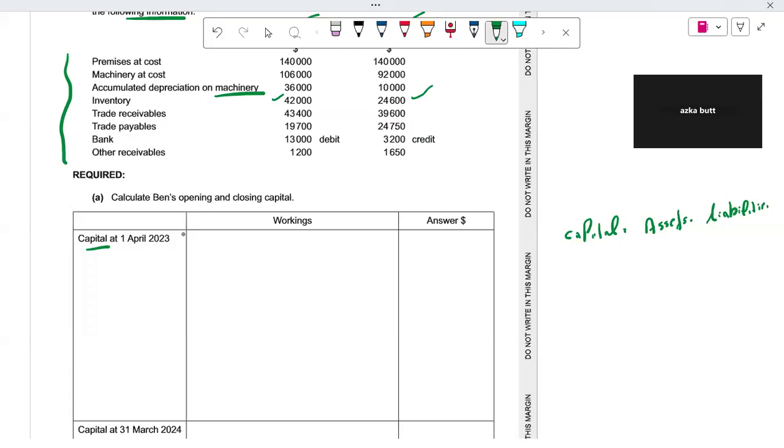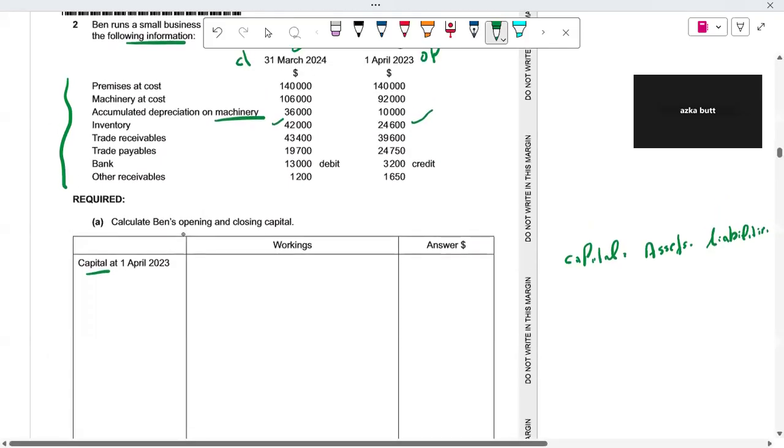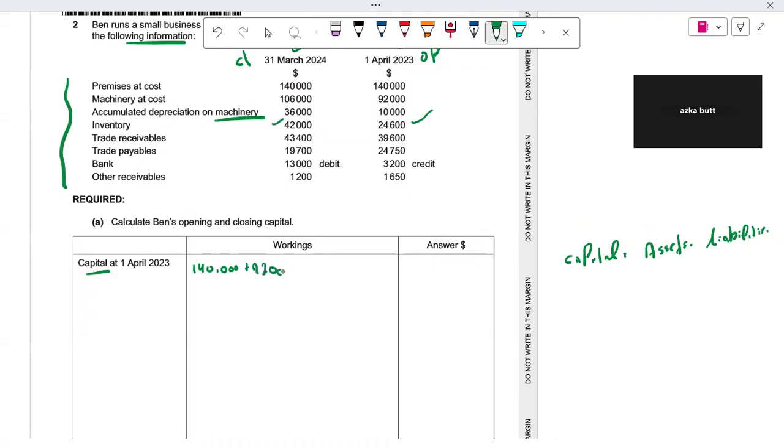Now let's find out the capital for the opening year. So for the opening year, we have the assets: premises at cost, which is 140,000, 92,000 machinery at cost, and its depreciation, we need to deduct it so that we can get the net book value. Inventory is equal to 24600.